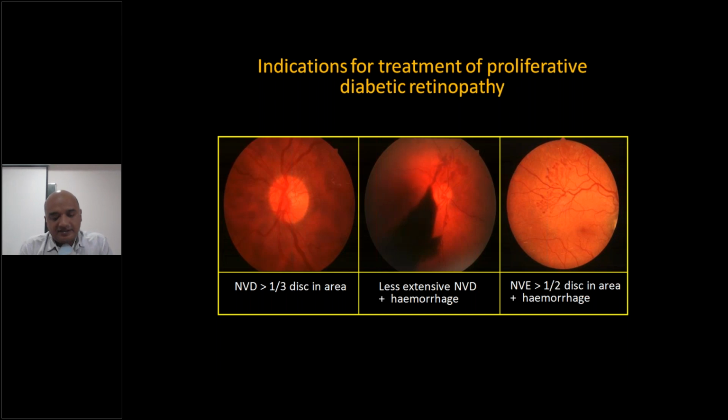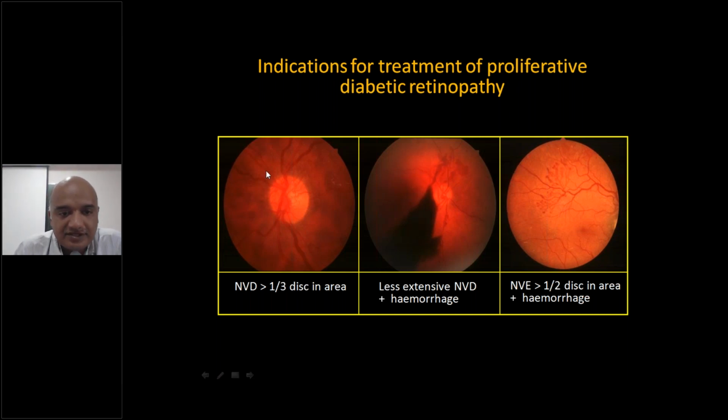If the patient is having hypertension, it has to be controlled. If the patient is having hyperlipidemia, it has to be controlled. Apart from the systemic treatment, this is the local treatment. For local treatment you have three options: laser, intravitreal steroids or anti-VEGFs, and mainly anti-VEGFs we use.